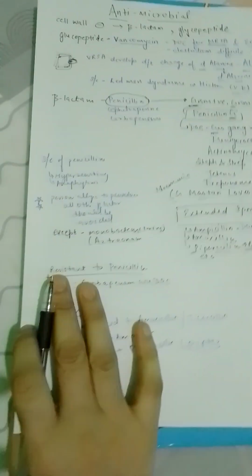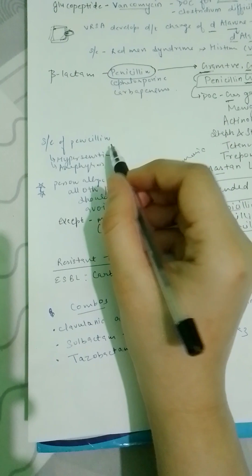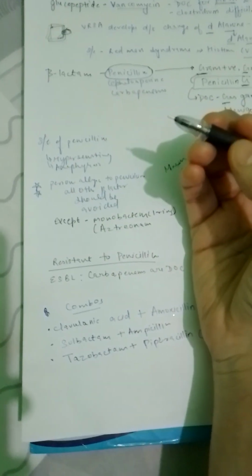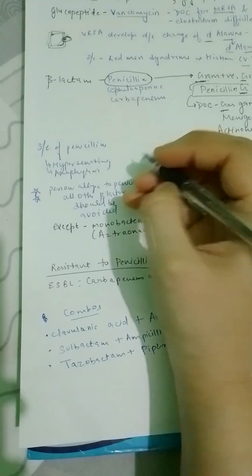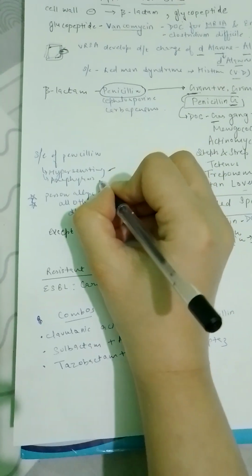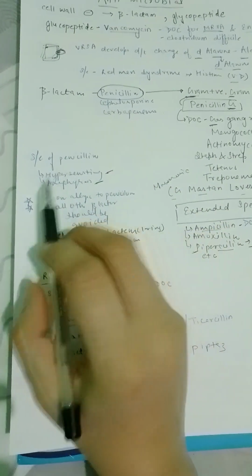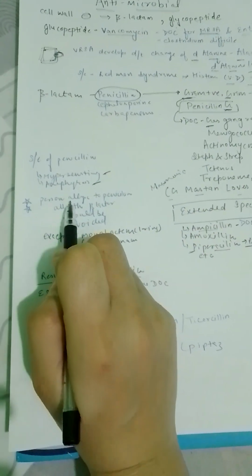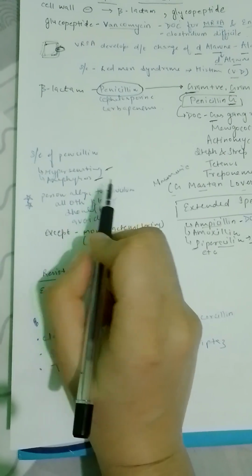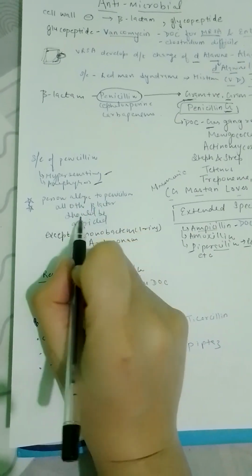Then let's talk about the side effects of penicillin. If the patient is taking penicillin, as a side effect the patient can get either hypersensitivity or anaphylaxis. One very important key feature is that if the person is allergic to penicillin, then all other beta lactams should be avoided.